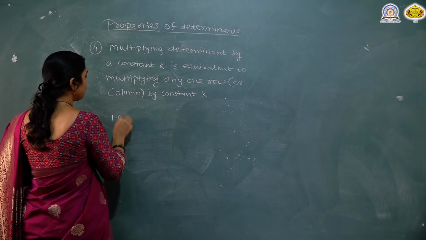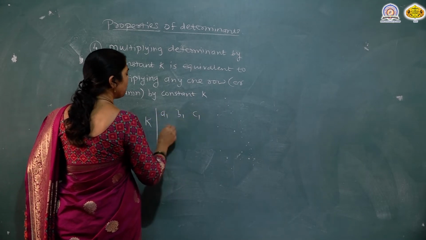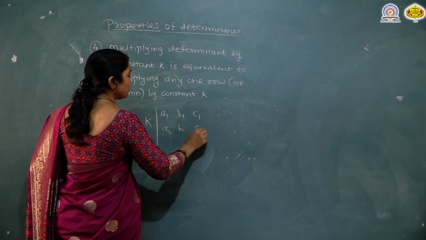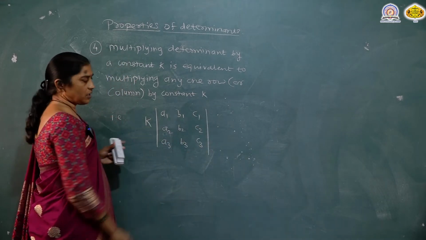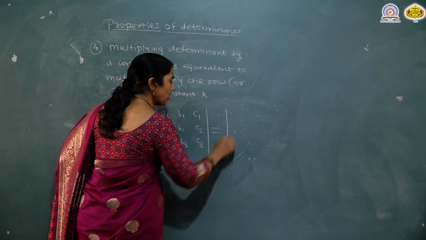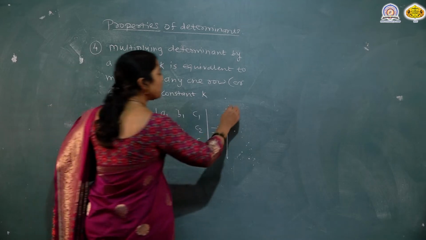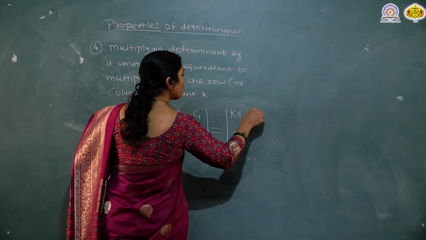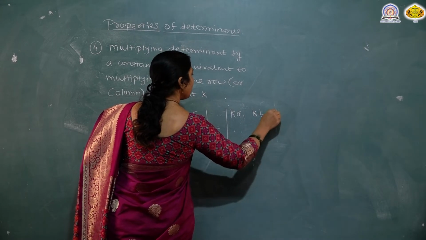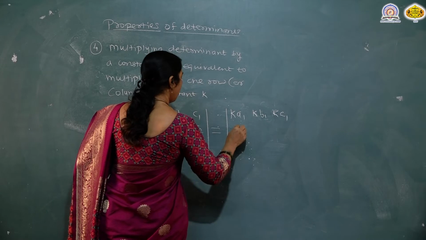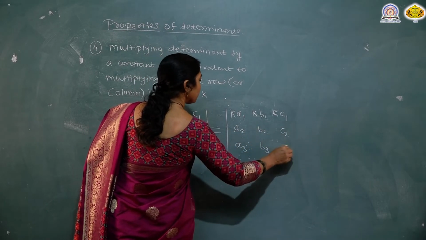This means that if you are multiplying a determinant with rows A1, B1, C1, A2, B2, C2, A3, B3, C3 by the constant k, then this is equivalent to multiplying any row by k. So it may be equal to, I am multiplying the first row by k: k times A1, B1, C1, then A2, B2, C2 and A3, B3, C3.